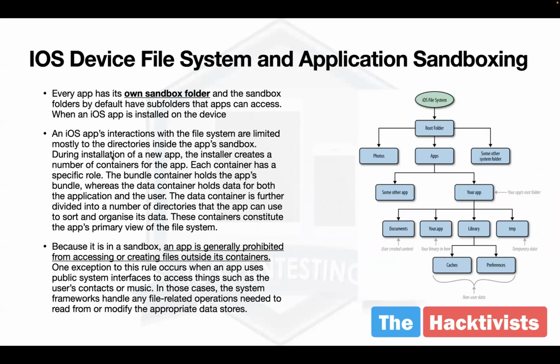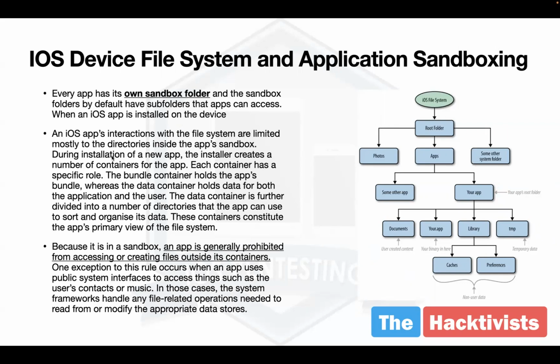Next is application sandboxing. This is much more important, and it is the main differentiating point from the Android OS as well. Here, iOS devices have a specific file system and application sandboxing. Now, what actually is application sandboxing?